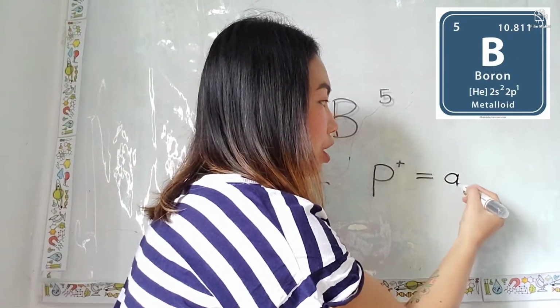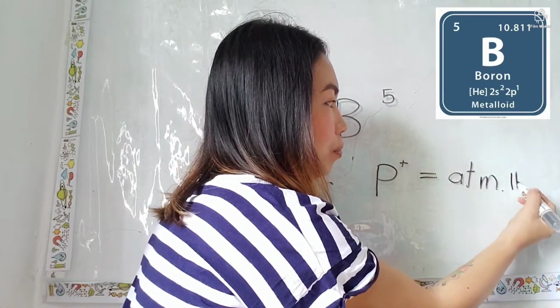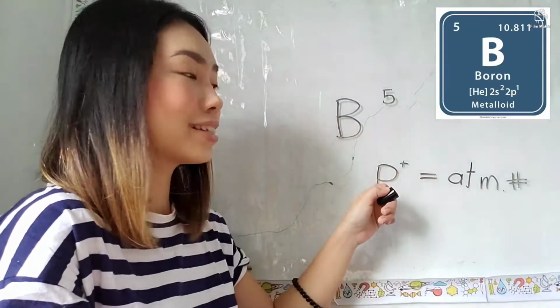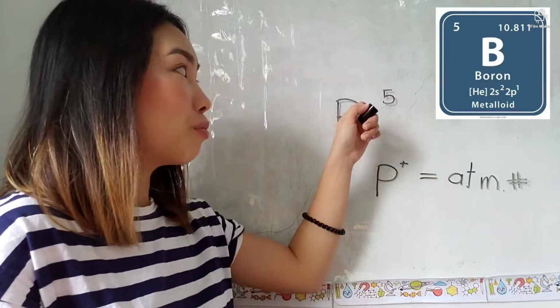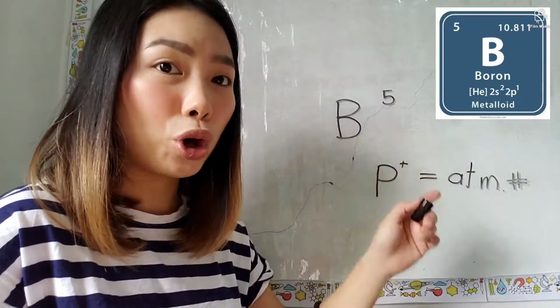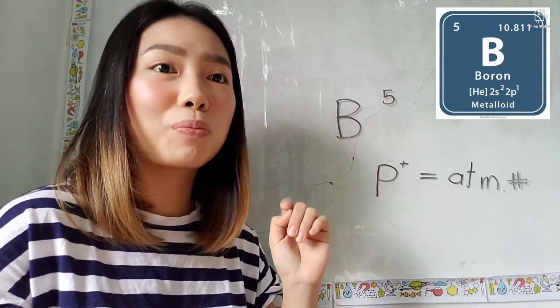So whatever the atomic number is, that is also its number of protons. So meaning to say, if boron's atomic number is 5, then how many protons does boron have? Ilang proton meron siya?